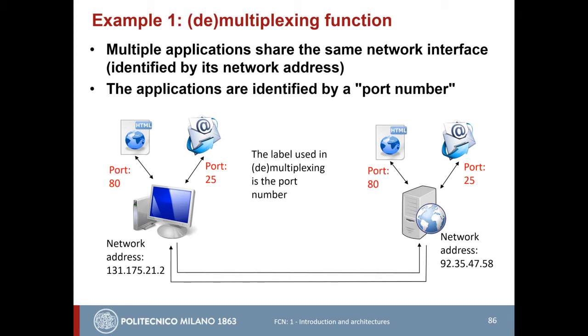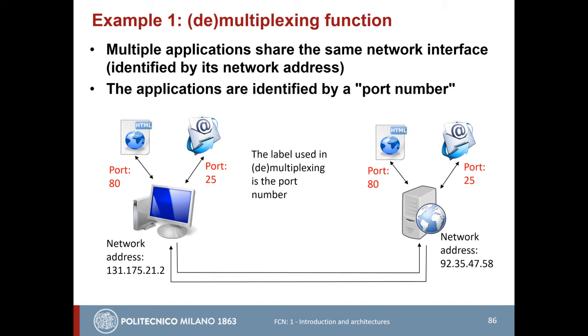Maybe you have different applications, for example, an application for email and an application for web browsing. These applications are active at the same time. Your PC has a single service access point to the network because you have only one Ethernet interface, and this is identified by an IP address that we will see later on.